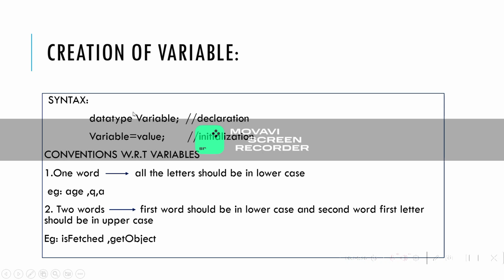This is the declaration part and this is the initialization part. Here we are declaring the variable, and here we are giving the value to the variable, which is nothing but initialization. Data type variable is the declaration. Variable equal to value, where we give the value, is called initialization. This is the syntax for creating the variable.